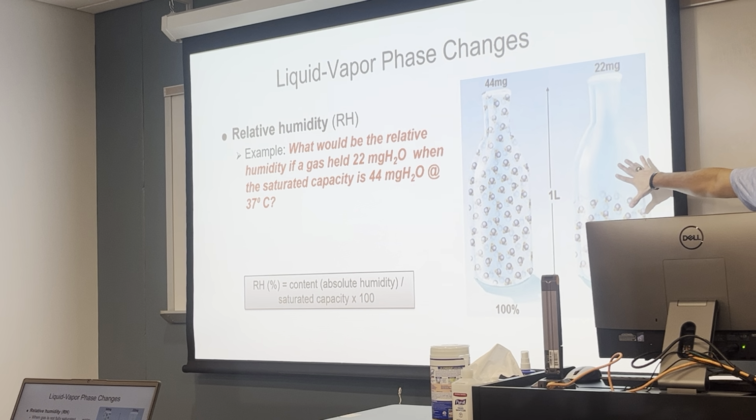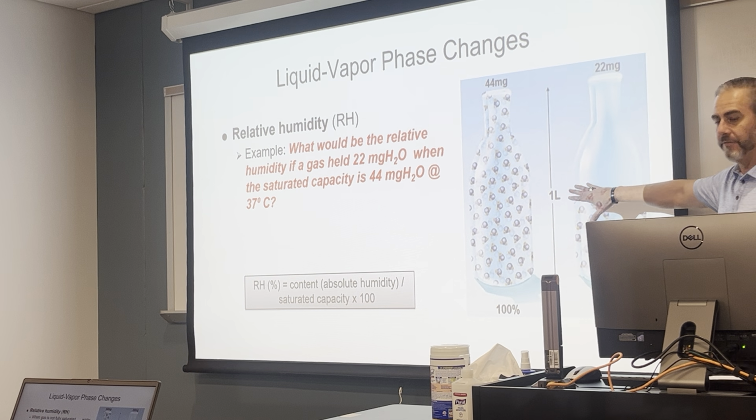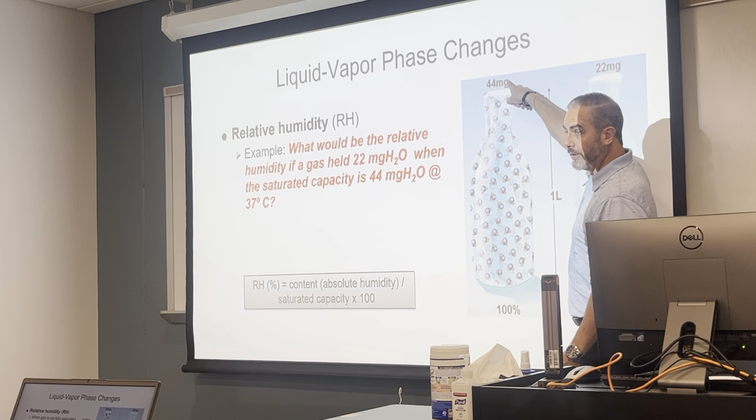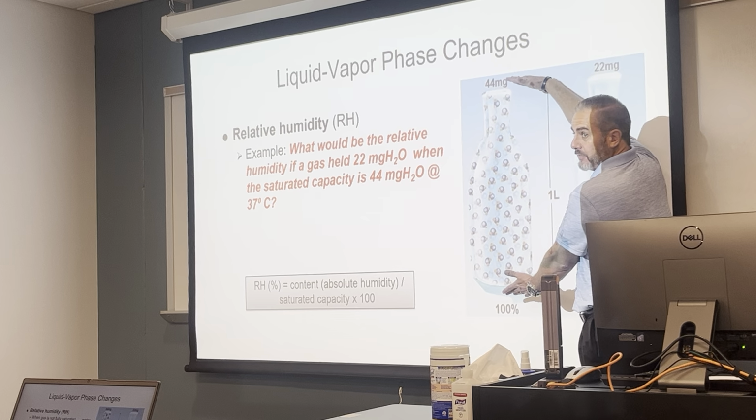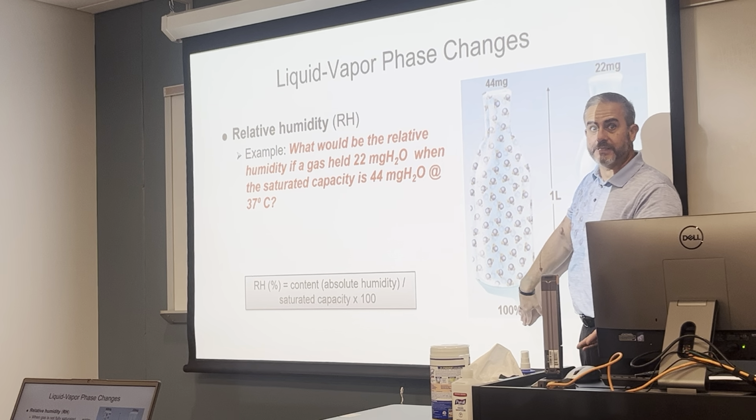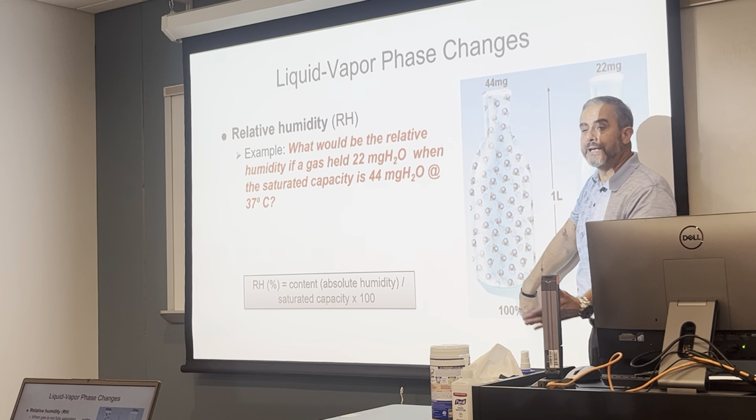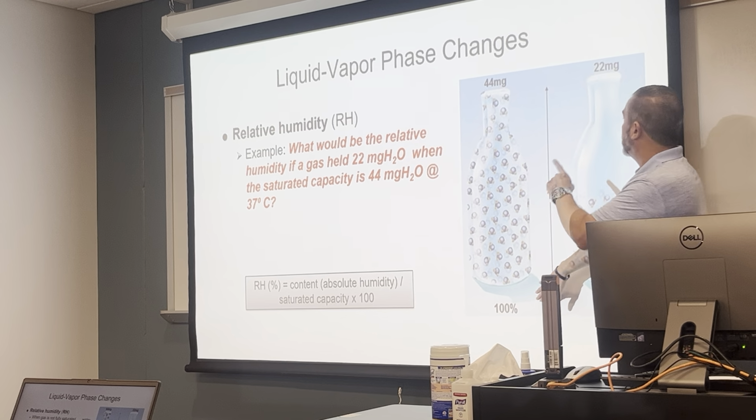If it's capable of holding 44, that would be classified as 100% saturated, fully saturated. In my example, we're only holding 22. What would be its relative humidity? It's holding 22, but it's capable of holding 44.